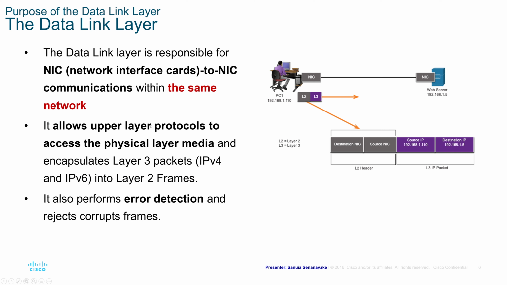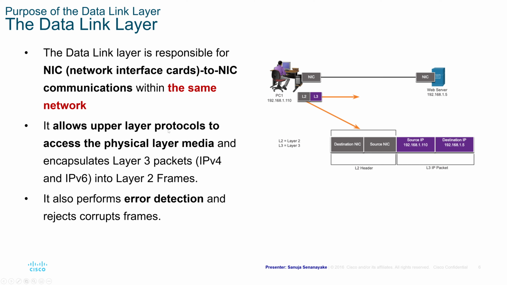The data link layer is responsible for network interface card to network interface card communication within the same network. In other words, if you connect a computer to a router, like most of you have done in your home, that is using the network interface card to a network interface on the router, or a server, to connect with each other, and that is facilitated by the data link layer.